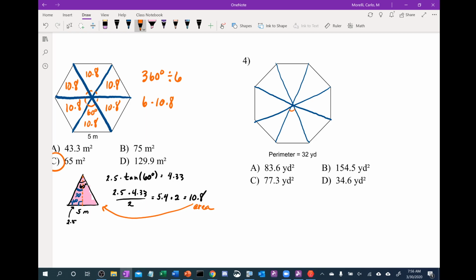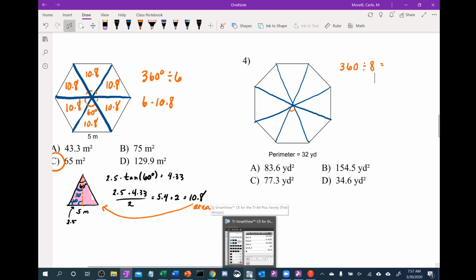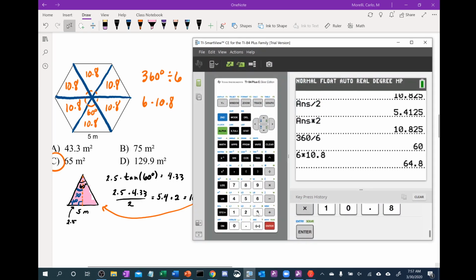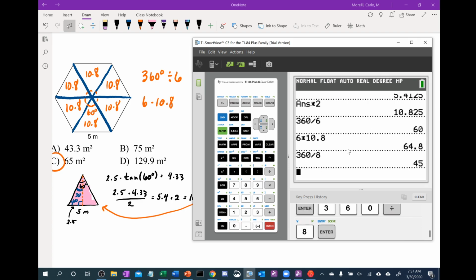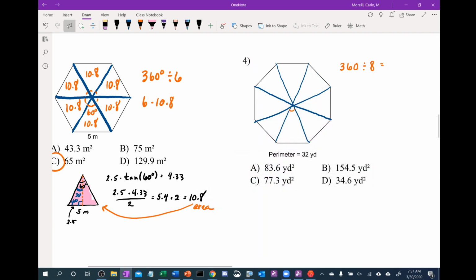So we just take 360 and divide by 8. Okay, so this might actually give us a fractional angle here. So 360 divided by 8 is 45. Okay, so each of these is 45 degrees inside.